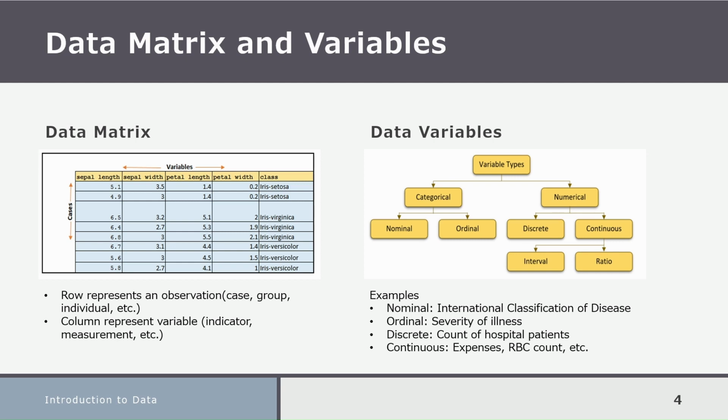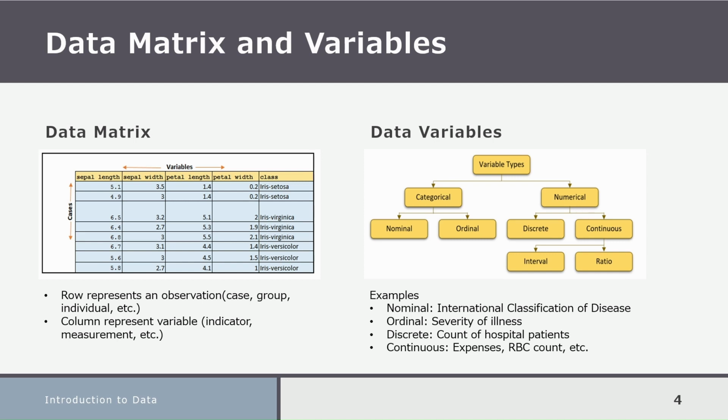And now coming to the numerical data, it's of two types, discrete and continuous. So discrete data means point data which is collected at a point, and continuous data changes with time. Examples of discrete data include the count of hospital patients at a particular period of time, and continuous data includes the expenses, the RBC count or the lab values, which change with time.